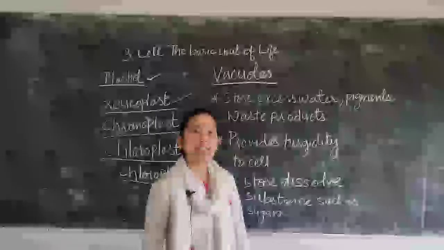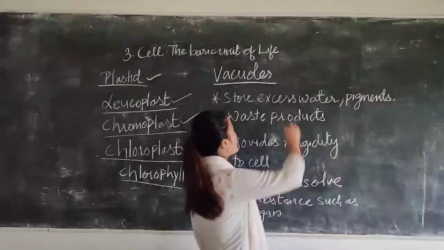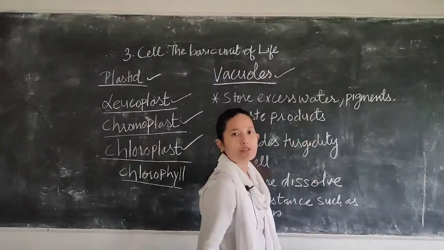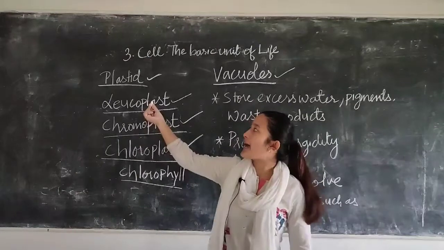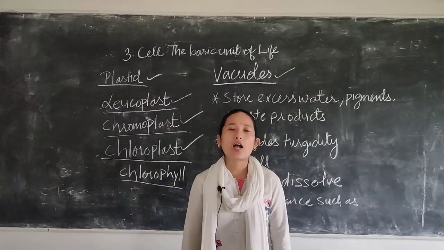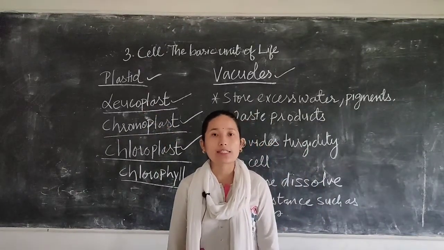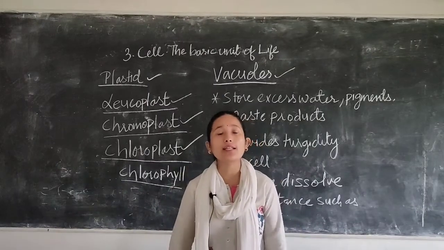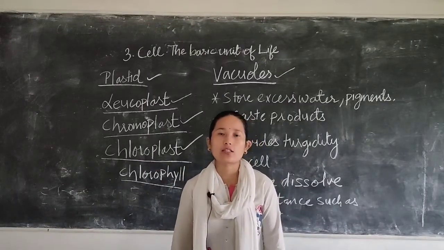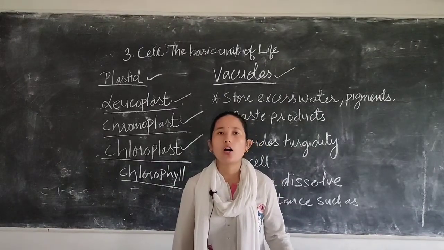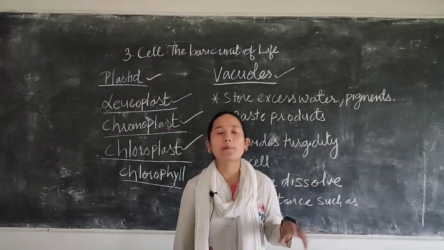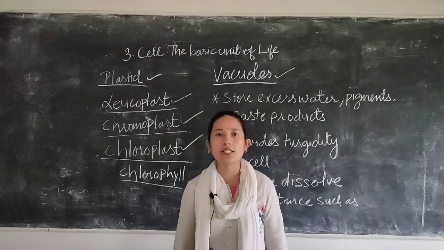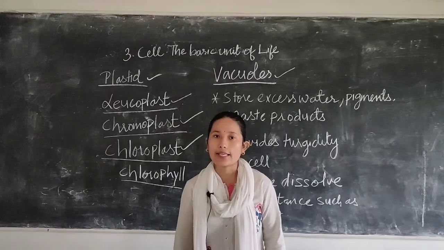The next cell organelle that we will be discussing is vacuoles. Just like plastid, vacuoles are prominently present in plant cell. They are centrally located and larger in size. In animal cells, most of the time they are not present, and even if present, they are smaller in size.